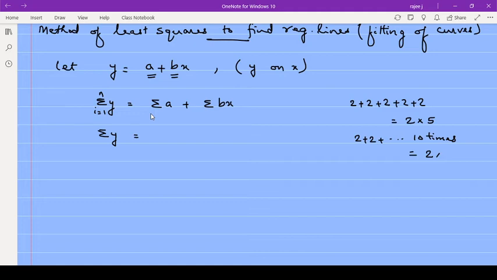Because you are adding 2 ten times, 2 plus 2 plus 2 and so on, ten times, instead of that you will write 2 into 10. Similarly, if you are adding 2 n times, we can write it as 2 into n.